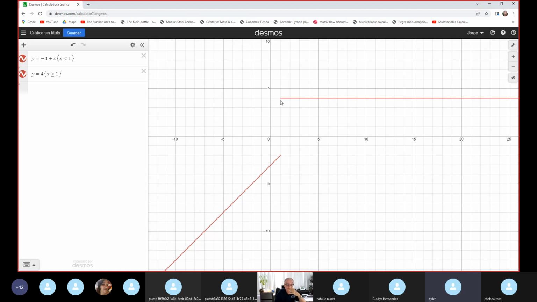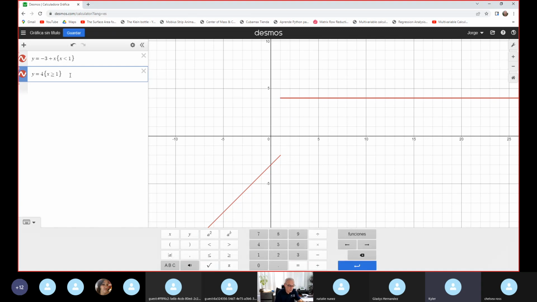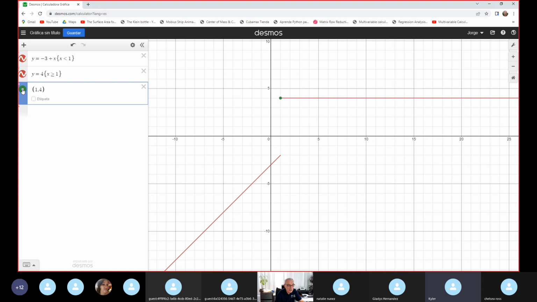The points. Look, in decimals, you put open parentheses and you copy 1, 4. 1, 4 is this point. But no green, I don't like green. I like red. Of course, I like the closed point like that.